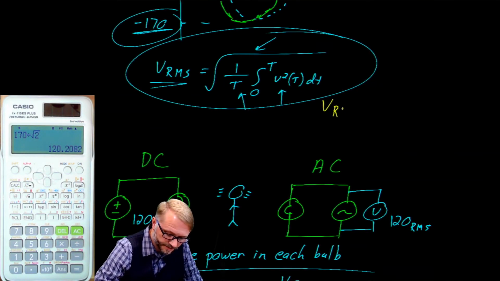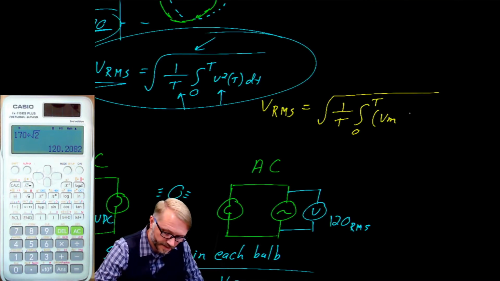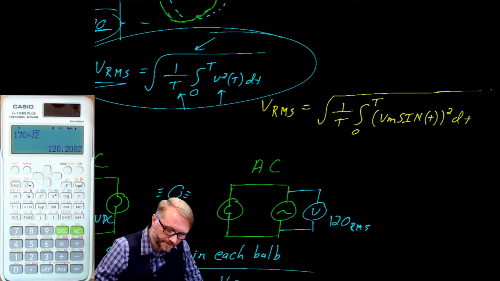RMS voltage is equal to the root of the mean of the voltage max, we'll use sine in this case, of t squared dt.